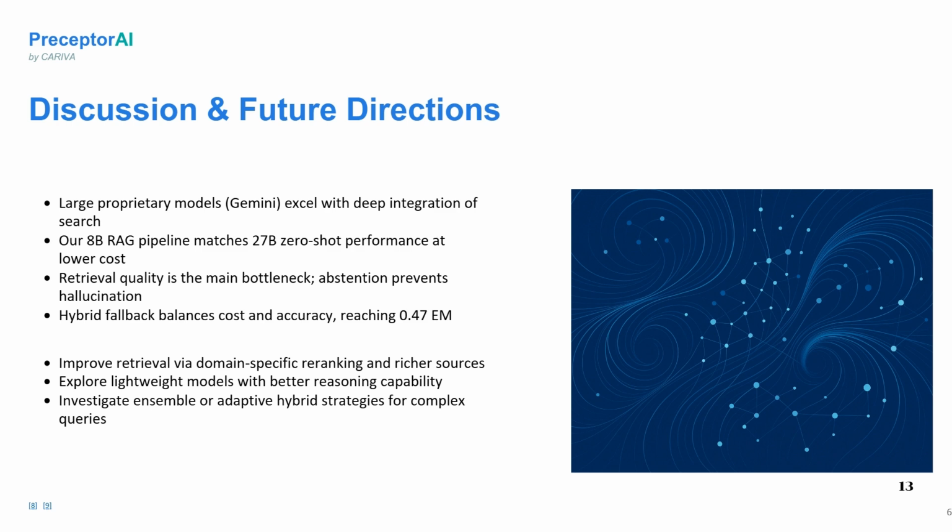Abstention prevents hallucination, and hybrid fallbacks balance cost and accuracy, reaching a 0.75 exact match score. We will try to improve retrieval via domain-specific ranking and research sources, try to explore lightweight models with better reasoning capability, and investigate ensemble or adaptive hybrid strategies for complex queries in the future.